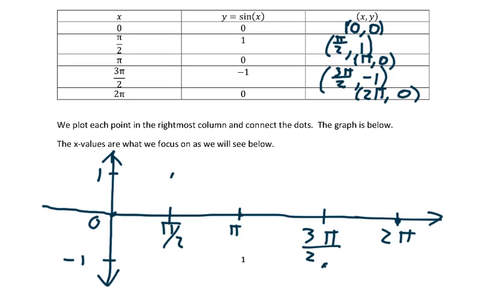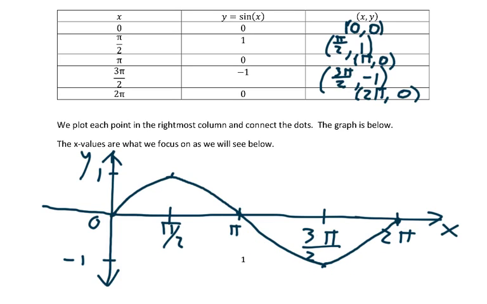So if you were to connect these dots, so to say, your graph's going to look something like this. And of course, again, the more x values we use, the better the graph would look. But this is actually what the sine graph looks like. It kind of looks like a wave, so to say. You go up a bit, stop at 1, at this point up here, go down to this point, and then you go back up to the x-axis.